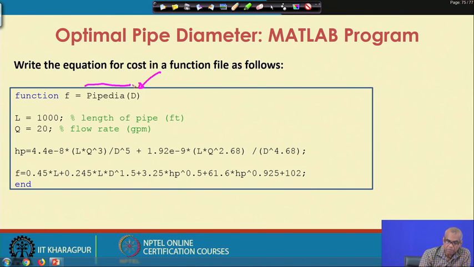D is the pipe diameter. So, this is the expression for HP and this is the expression for the cost. So, this is equal to f. So, output of this function is the cost for given pipe diameter D.